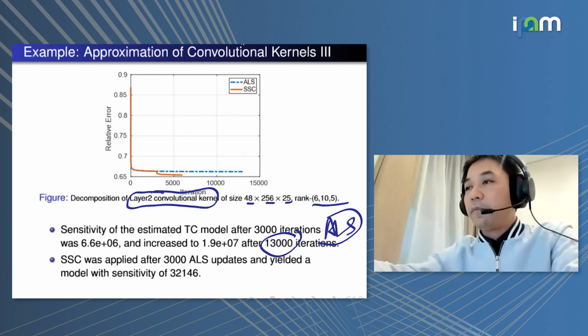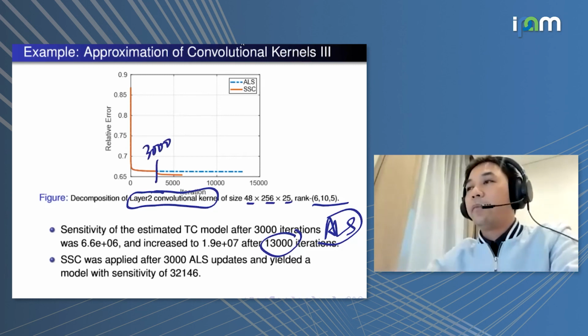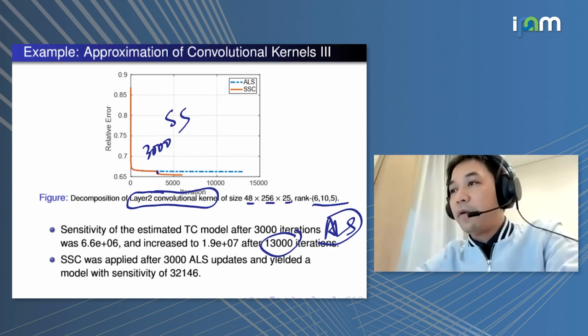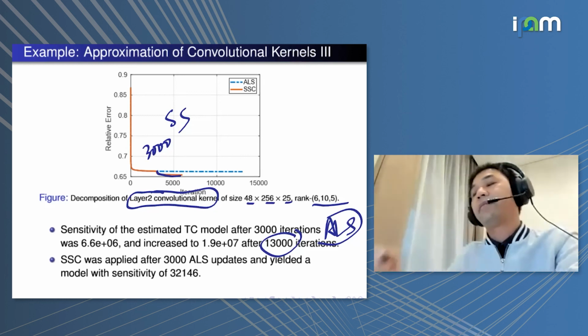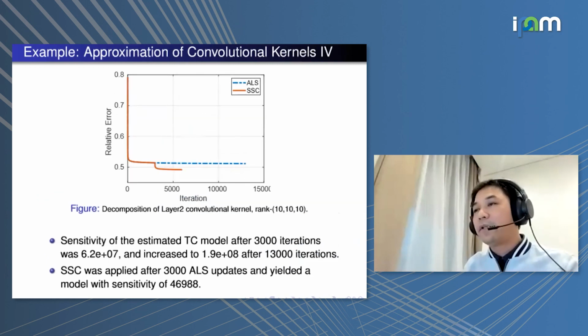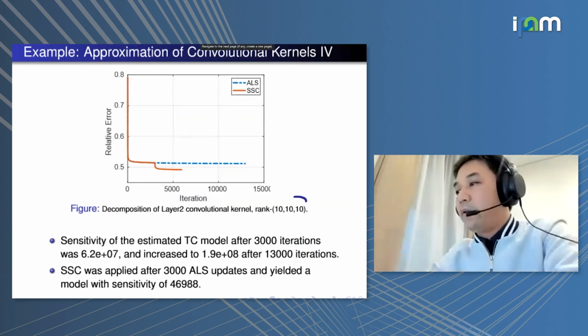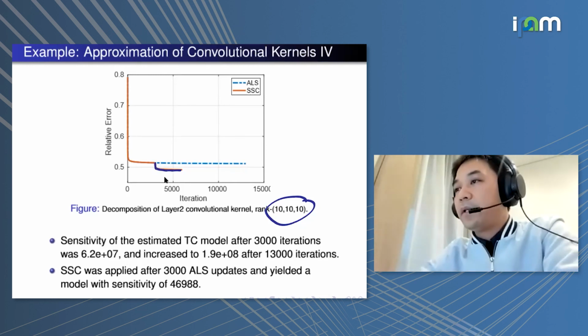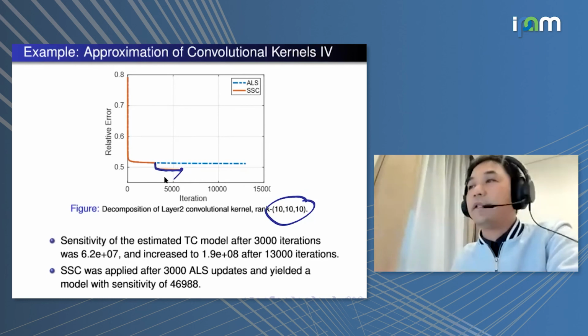But if we stop the algorithm at this point at 3,000 iterations, we apply the sensitivity correction, and we do the ALS again. In this case, you see here the approximation error now is much better. We do the same thing for the same layer, but with a different rank. We see the same behavior. Thus, we can get a much better approximation error than just using the ALS.